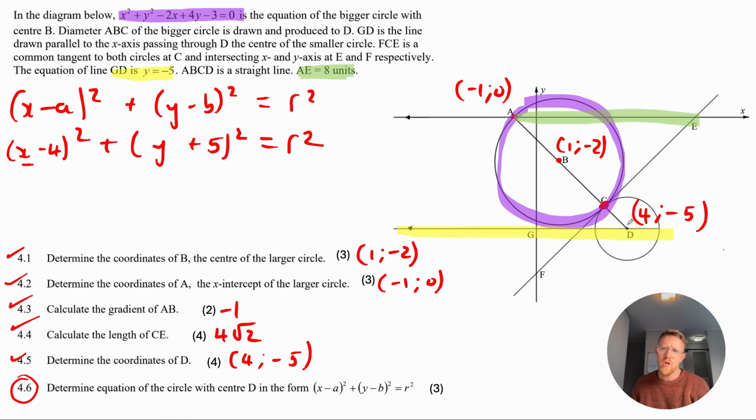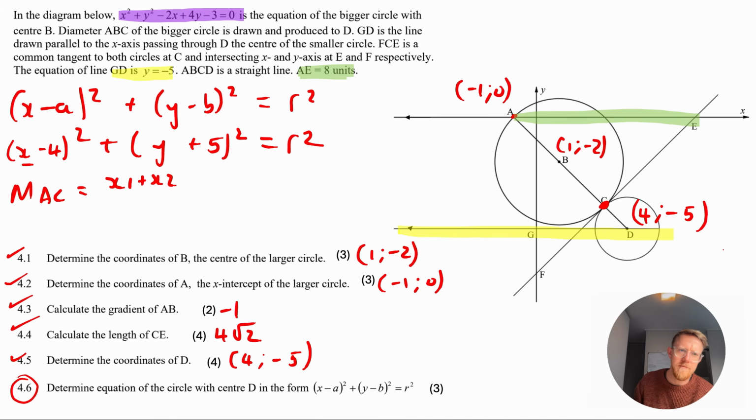Okay, so we can easily get C's coordinates because we know that B is the midpoint of AC. So we can find the midpoint of AC by using the midpoint formula. But we already know the answer.